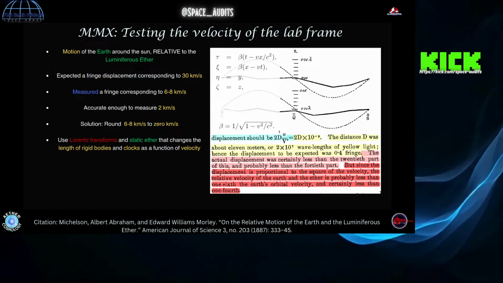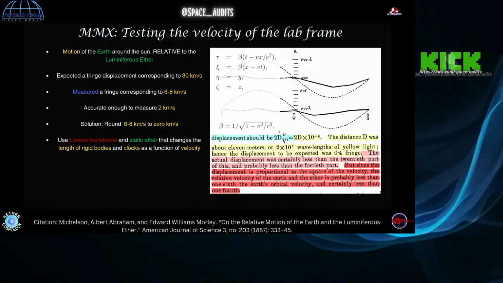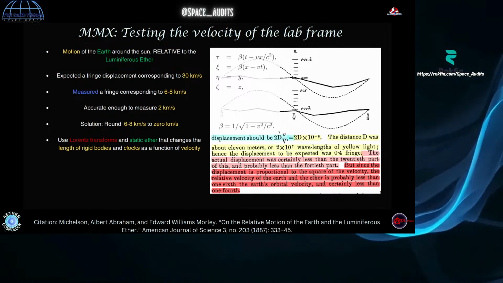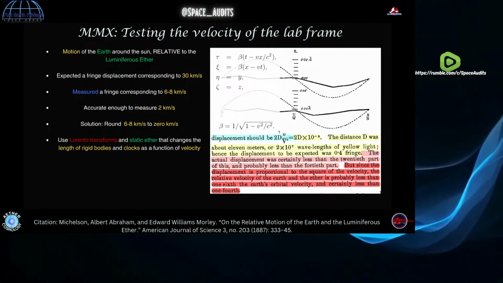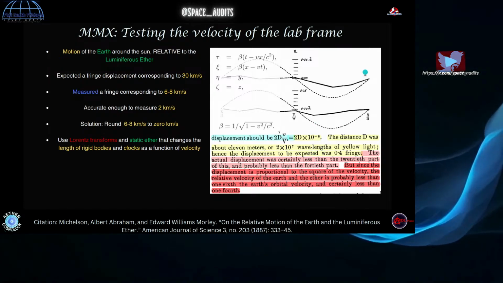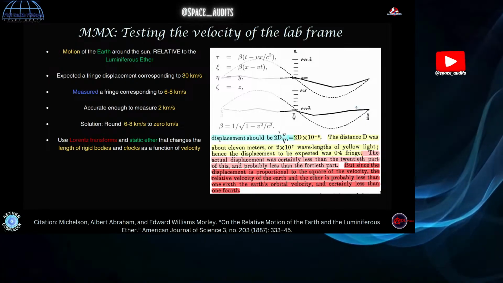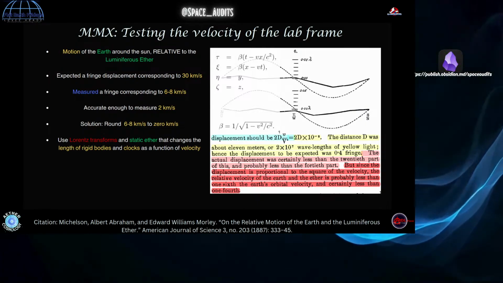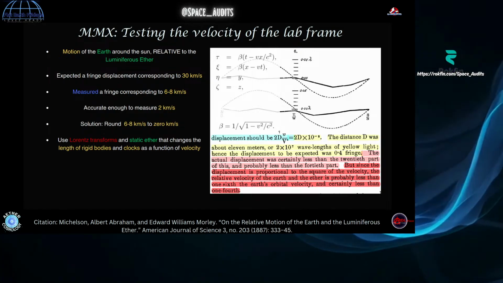So they were like, we're not really sure what to do with that, but we can maybe explain it through some transformations using Lorentz's theory. But then Michelson-Morley came around where they were going to actually measure the wavelength of light. So this is going to be way more definitive because they knew that this displacement measurement would be proportional to the square of the velocity because they already confirmed that with water.